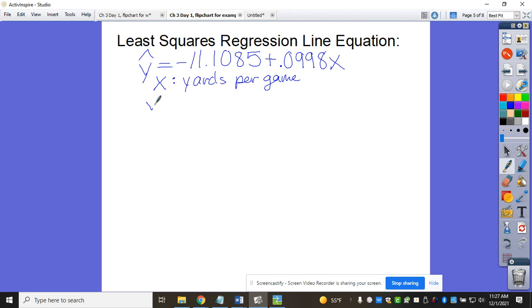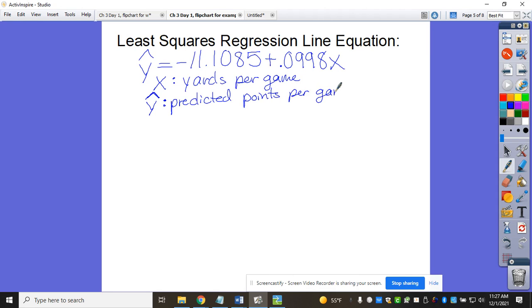Now here we are defining y hat. What did I say the hat meant? I don't care if you write estimated or predicted. I think I just said estimated. But it is our predicted or estimated what? Points per game.